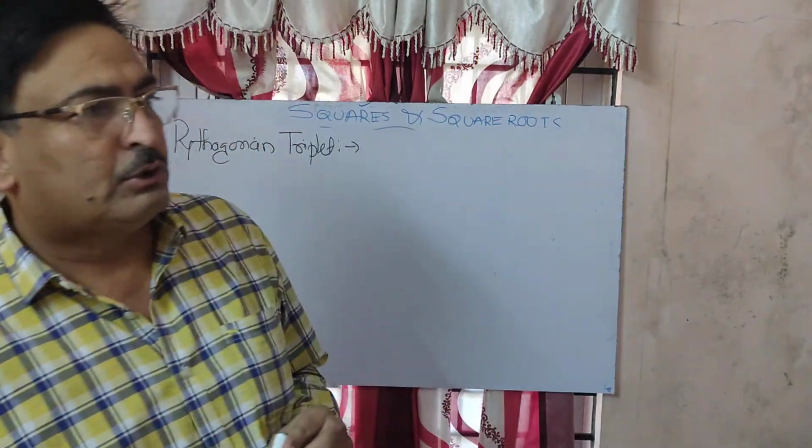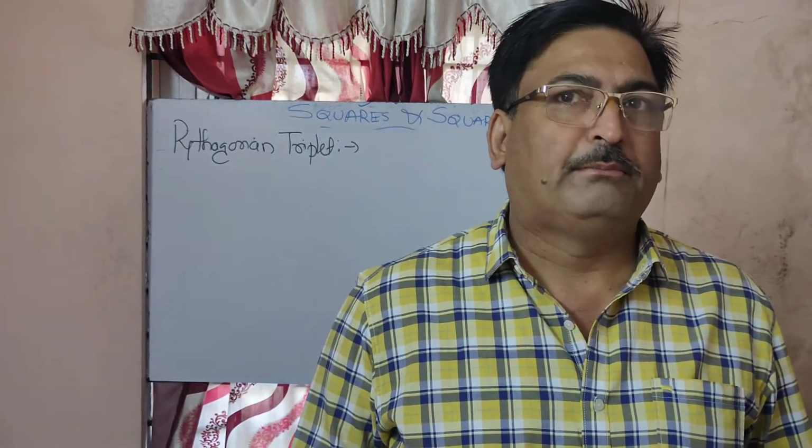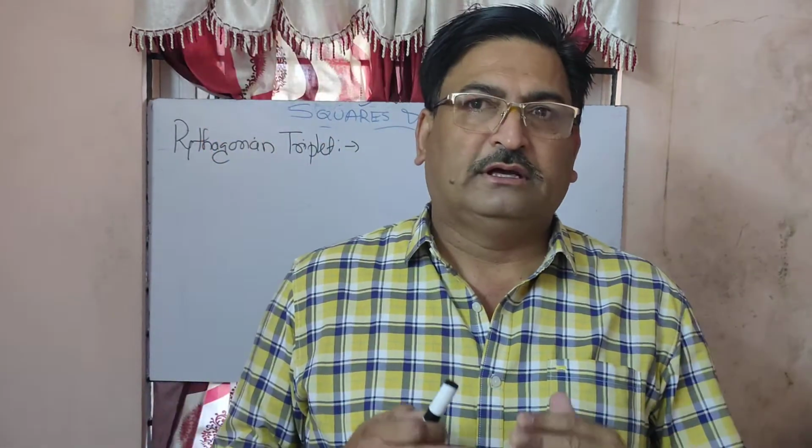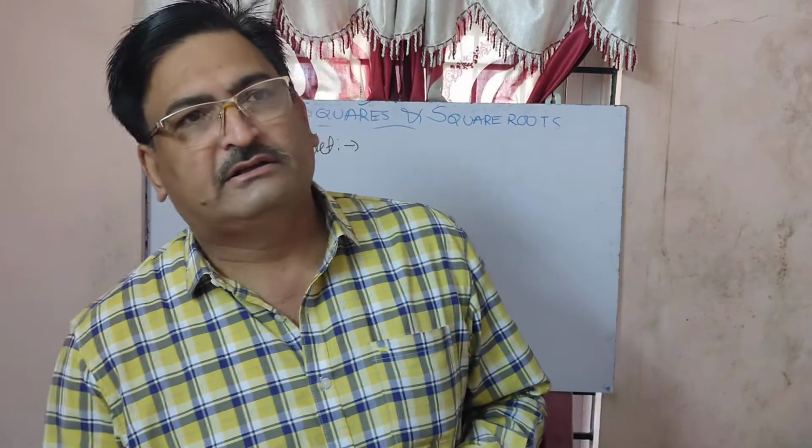As we know the Pythagoras formula, that is square of the hypotenuse equal to sum of the squares of the other two sides, isn't it? So if there are three numbers, any three numbers, if they qualify for the Pythagorean formula, then they could be called Pythagorean triplets.